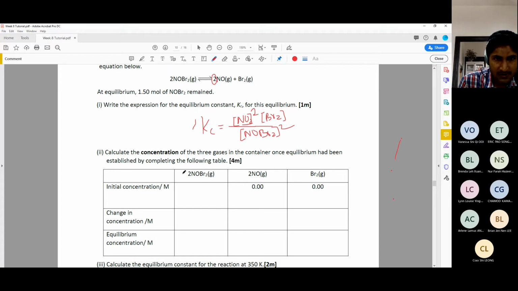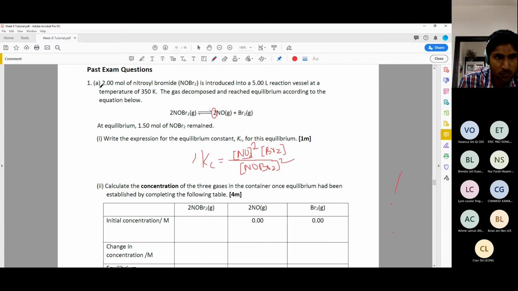Calculate the concentration. Okay, so we started with 2 moles of nitrosyl bromide in a 5-liter vessel. So 2 over 5 is the concentration, 2 moles per 5 liters, which is 0.4 molar.